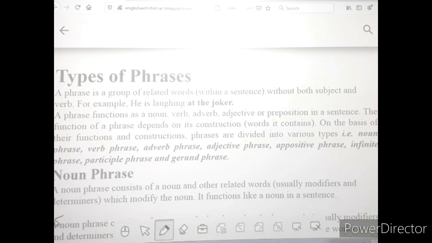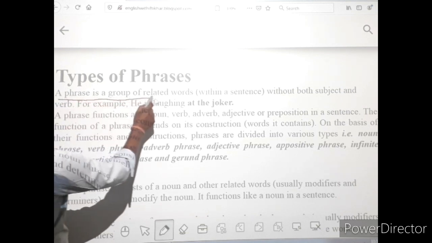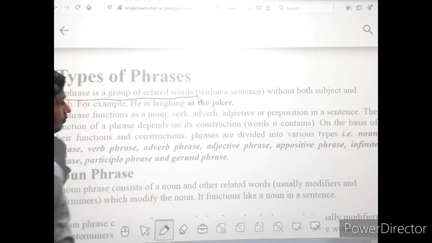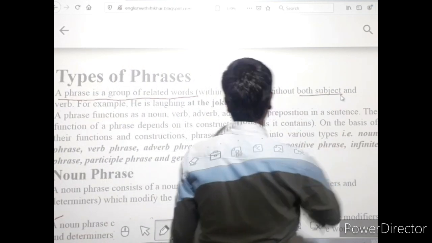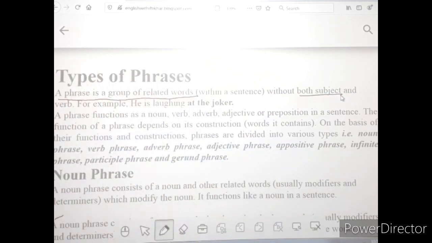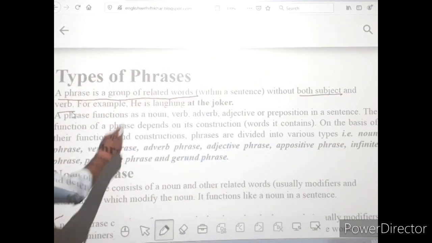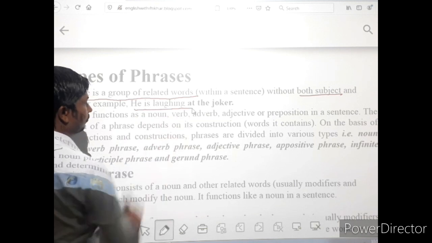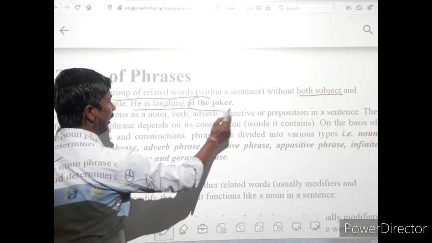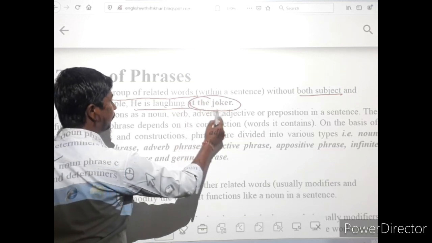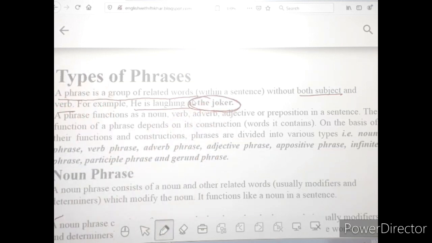Here you can see the definition by yourself: a phrase is a group of related words without both subject and verb. For example, 'he is laughing at the joker'. This is a phrase.